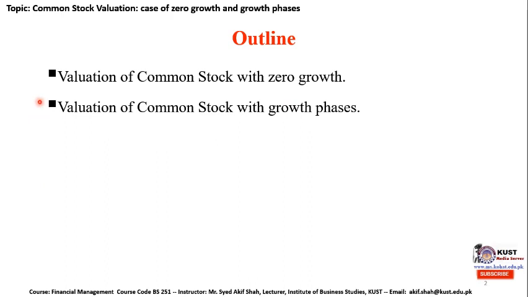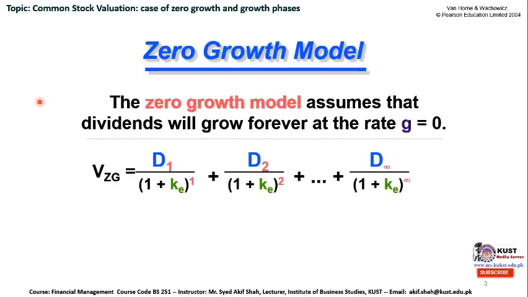And secondly, valuation of common stock with different growth phases. So these two agenda items shall be discussed shortly in this lecture with the help of relevant examples. So let's discuss the first model, named the zero growth model or zero growth assumption.